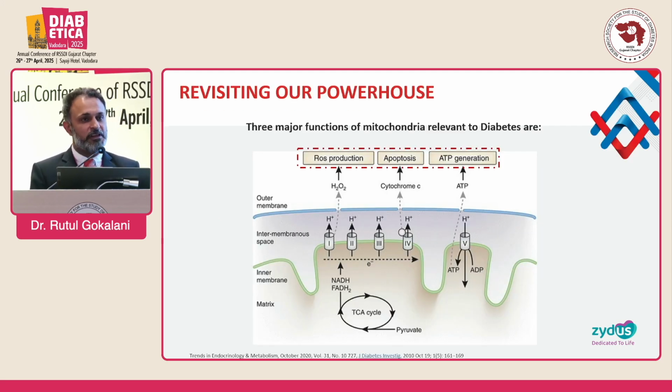So if we see a very old med school slide, here if we see in mitochondria what is happening, then there are three major functions taken care of by mitochondria, that is reactive oxygen species production, apoptosis, and ATP generation by mitochondria.